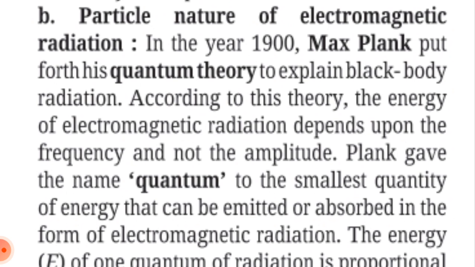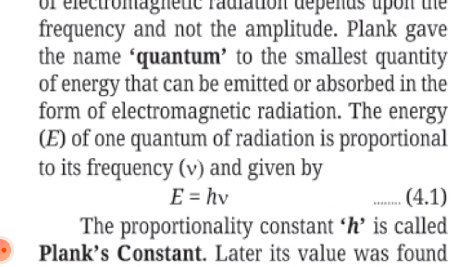B. Particle nature of electromagnetic radiation. In the year 1900, Max Planck put forth his quantum theory to explain black body radiation. According to this theory, the energy of electromagnetic radiation depends upon the frequency and not the amplitude.